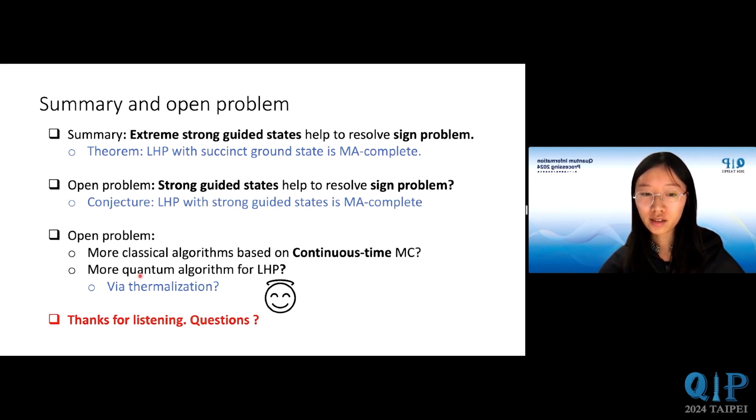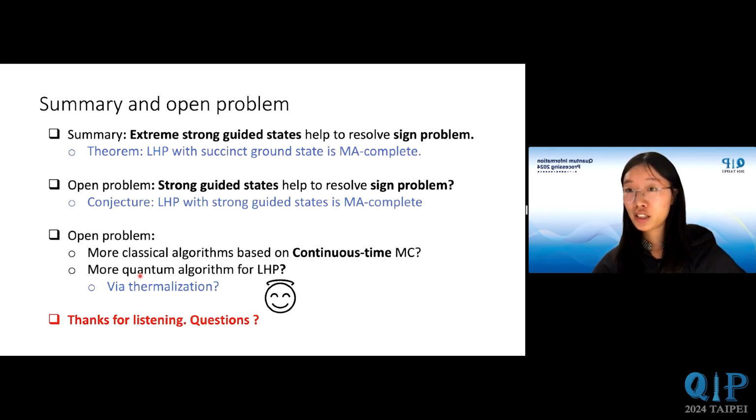I just mean the amplitude of the strong guided state divided by the amplitude of the real ground state. It should be a real and positive value between 0 and 1. So it's stronger than the standard definition.